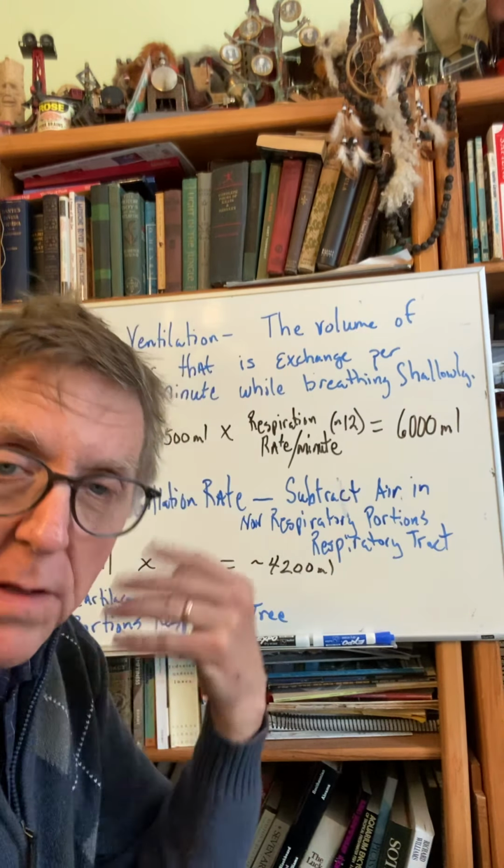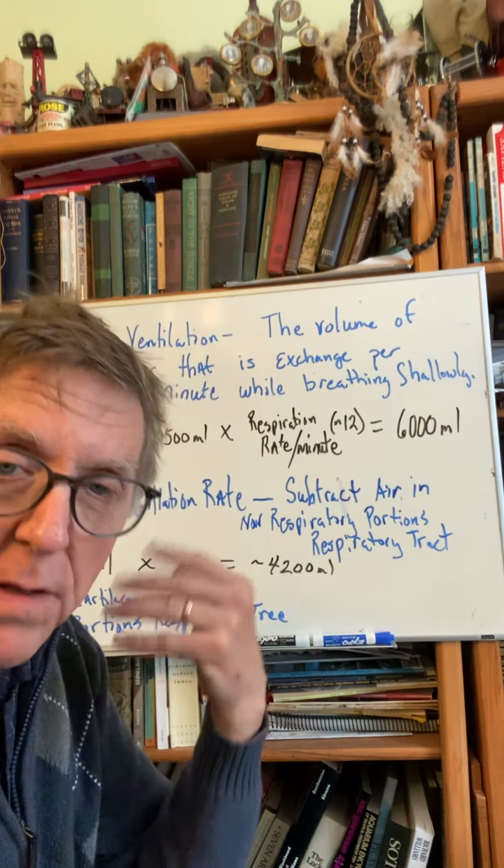And this is, as I said, the volume of air that is exchanged per minute while breathing shallowly. And we had said that's tidal volume. And from our previous video and slide, we had seen that that's around 500 milliliters.